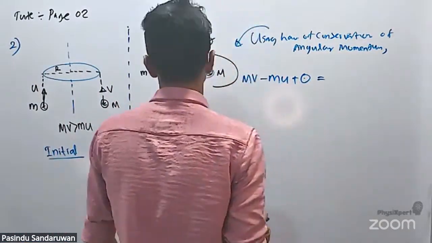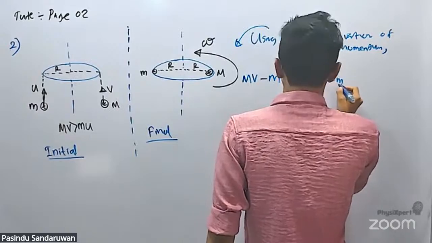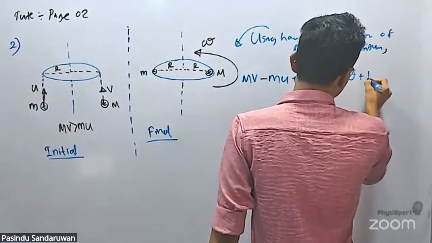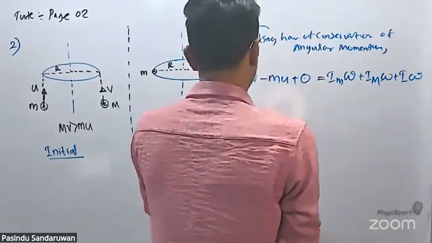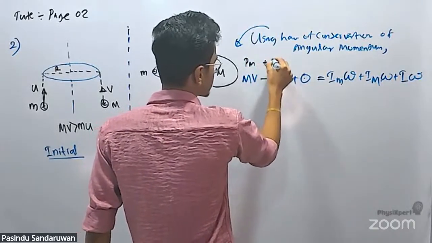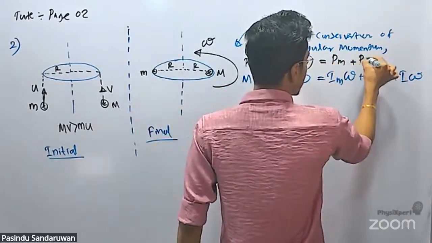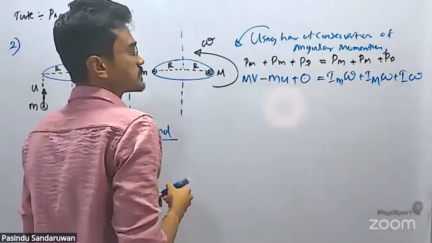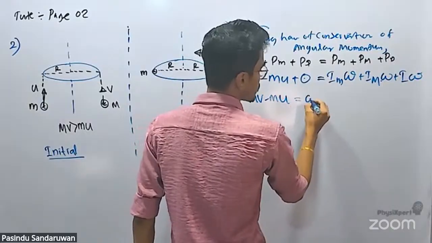Final one. There are three objects again. Moment of inertia of simple m into omega plus moment of inertia of capital M into omega plus moment of inertia of disk into omega, right? Then mv minus mu equals omega, which is common, take it out.